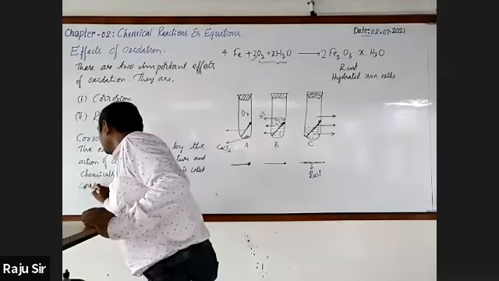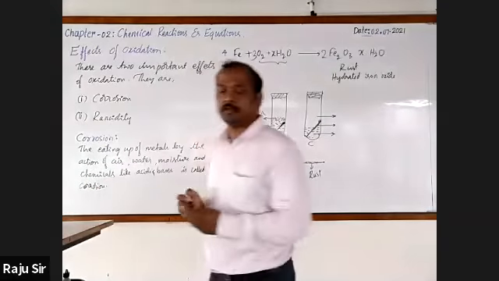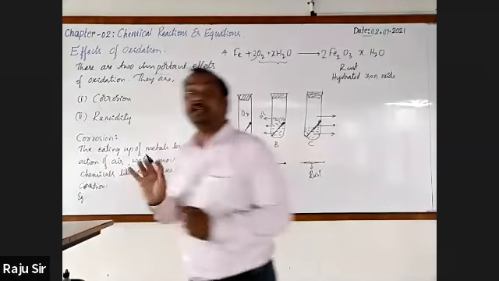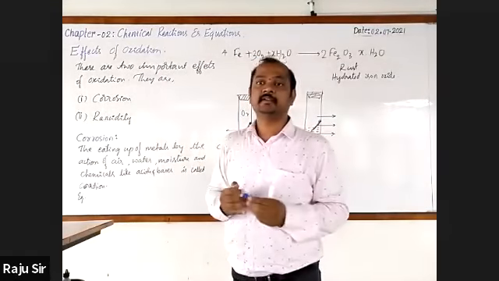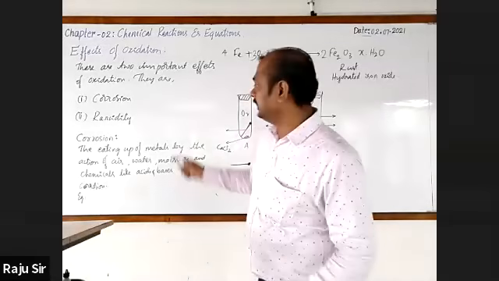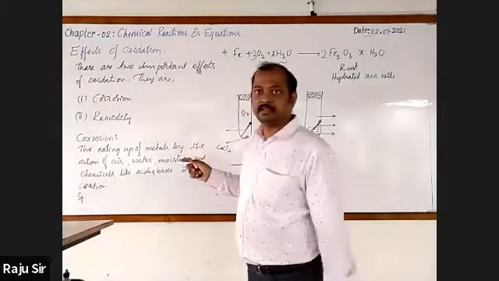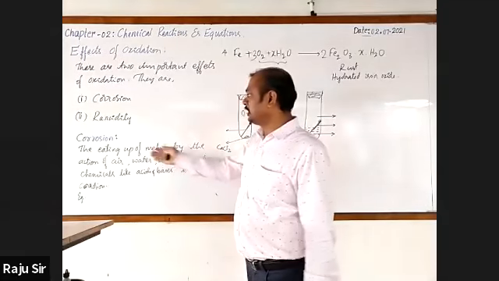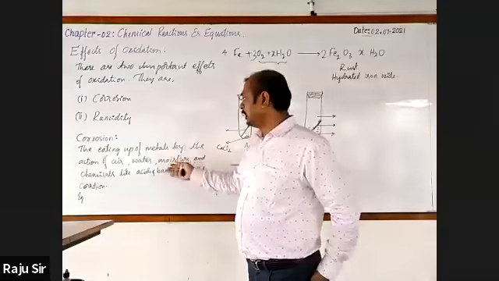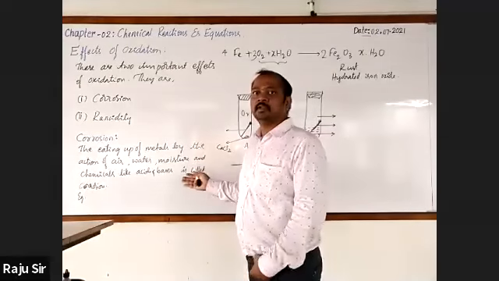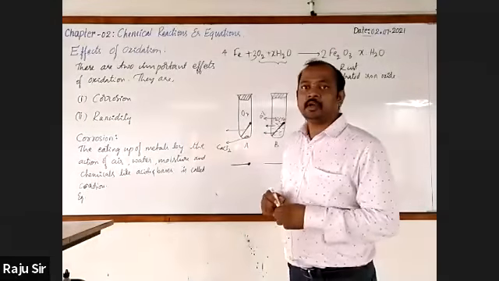Sir, example. Yes, heating you wrote, sir. Oh, yes, not heating. It is eating, E-A-T-I-N-G. The eating up of metals by the action of air, water, moisture, and chemicals like acids and bases is called corrosion.